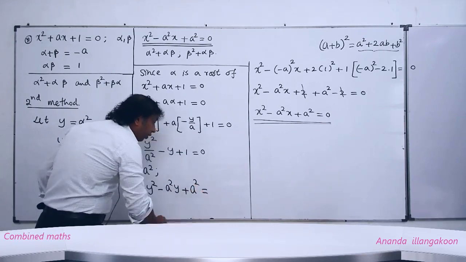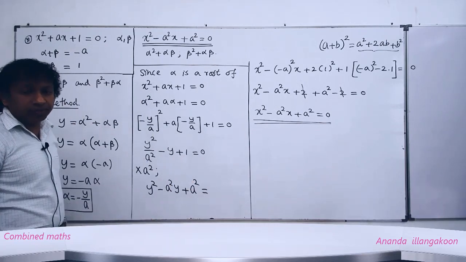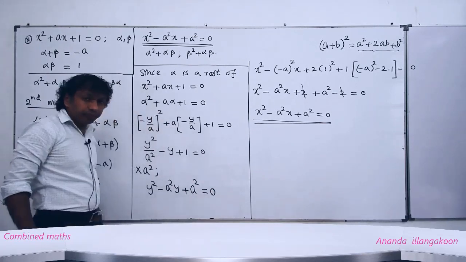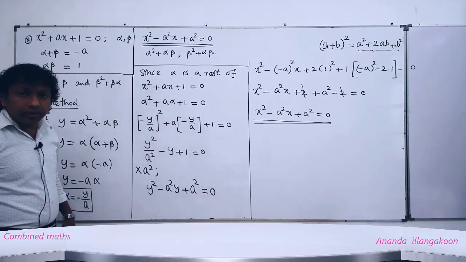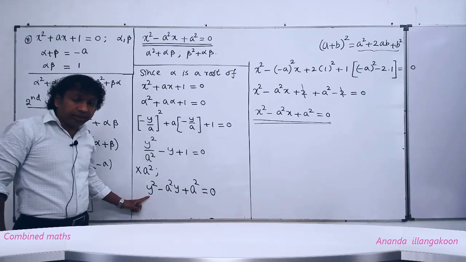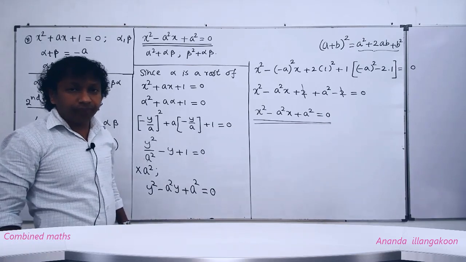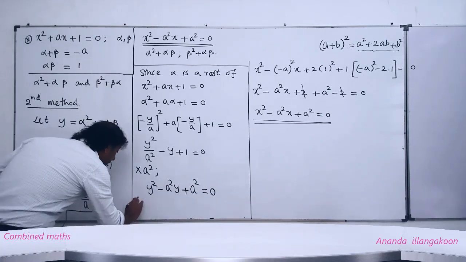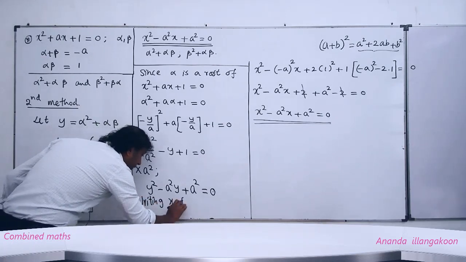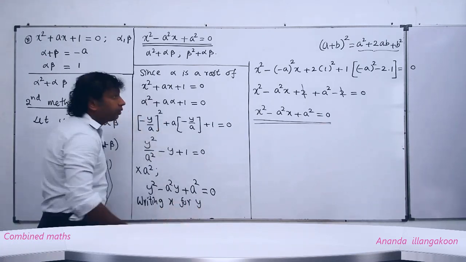When you multiply the right hand side 0 by a squared, when you multiply something by 0, the answer is 0. Then people, here for the letter y, I write the letter x. Now see what you get.